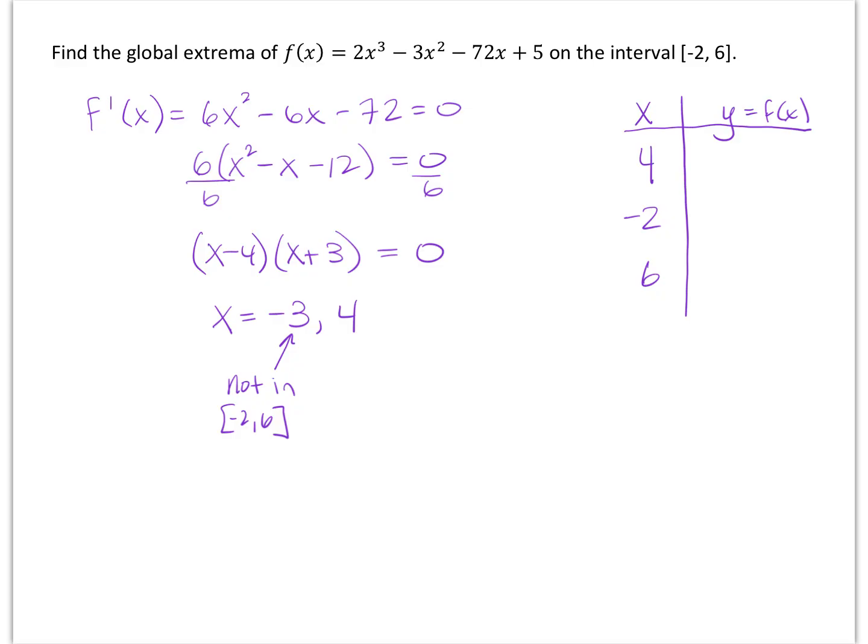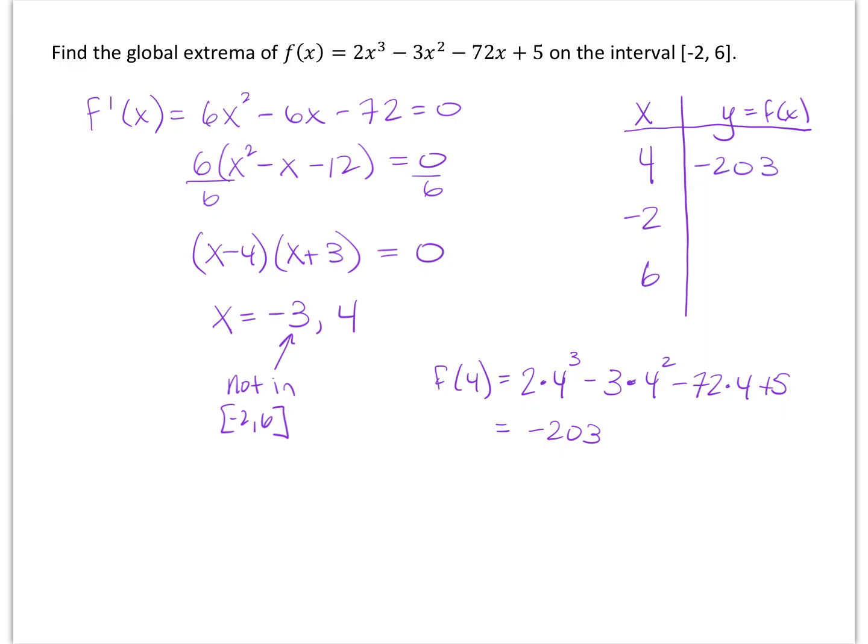So let's see, f of 4 would be 2 times 4 cubed minus 3 times 4 squared minus 72 times 4 plus 5. So that comes out to -203.